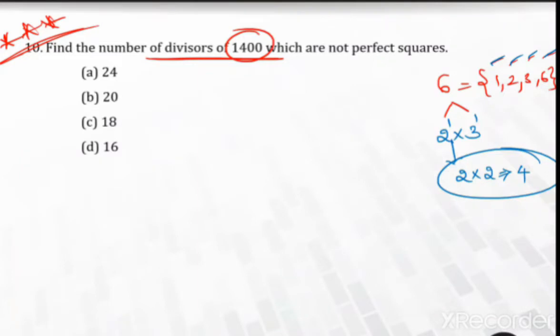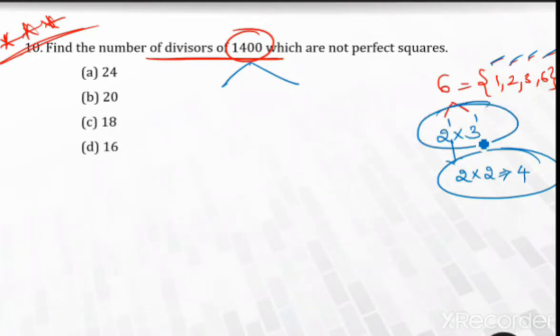How can I split 1400 by using factorization method? Can anyone?